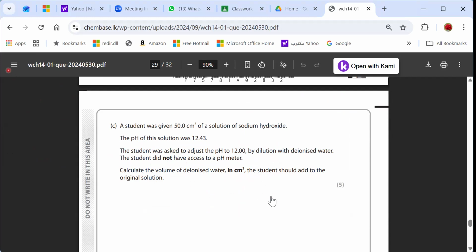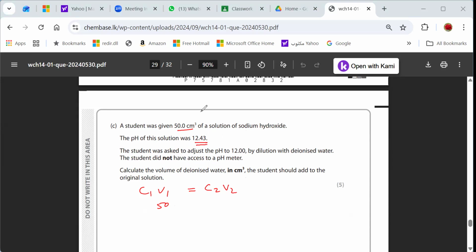So we have a rule that says if you are making dilution, C1 V1 before dilution is equal to C2 V2 after dilution. This is when you are making dilution only. So here they started with 50 centimeter cube. You can use centimeter cube; you don't have to change it to decimeter. And from the pH, we can find the hydrogen ion concentration.